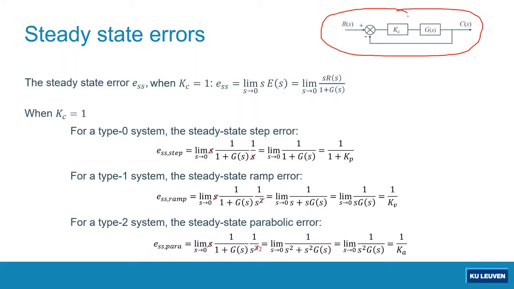So initially Kc is equal to 1. Just leave it as a default value before I tune the proportional controller. When Kc is equal to 1, the steady state error of this system will be equal to this one, right?